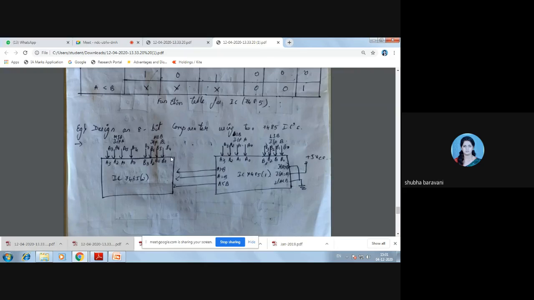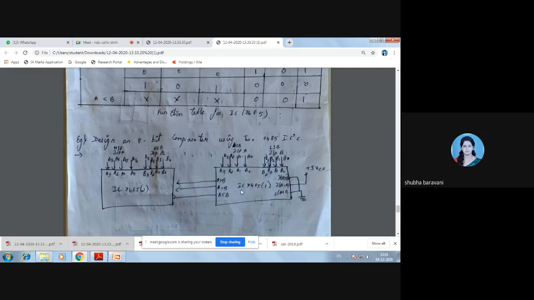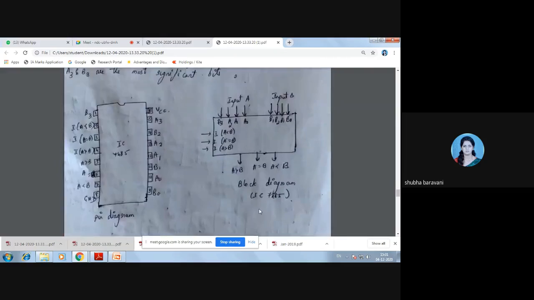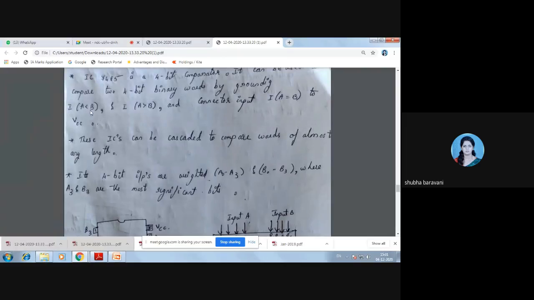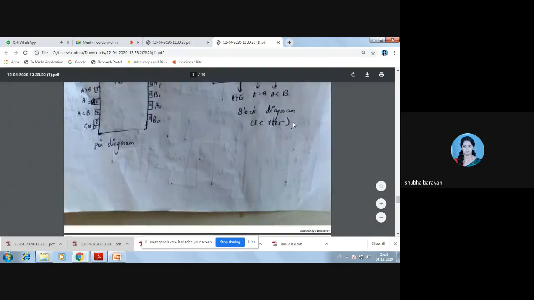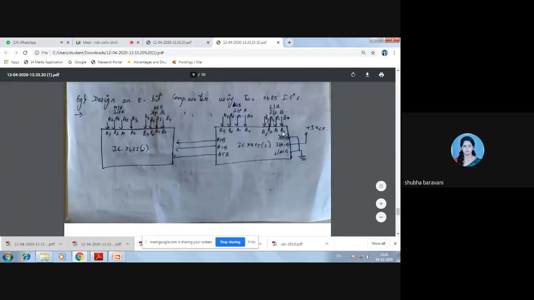Now see, where does the major problem come? In doing the cascading. For the 7485 IC, I A less than B and I A greater than B should be grounded, and I A equal to B should be connected to VCC. So here I have grounded I A greater than B and I A less than B, and connected I A equal to B to plus VCC.